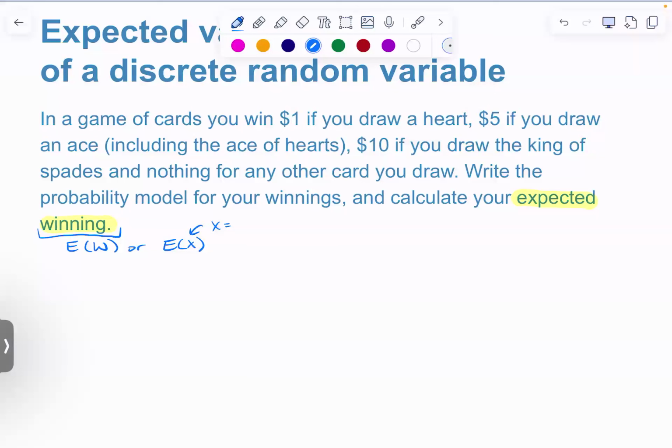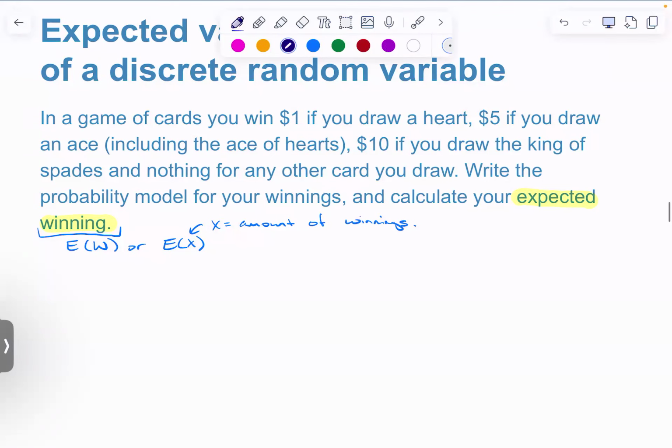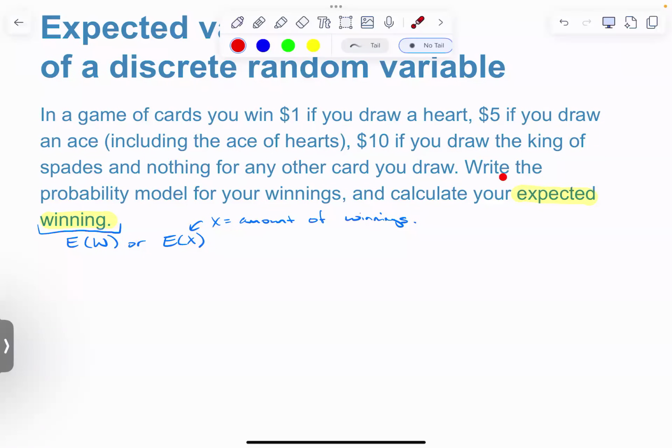X is the amount of winnings. Which means that, let's start with that in our probability model.